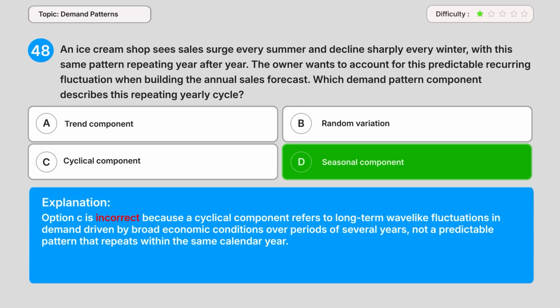Option C is incorrect because a cyclical component refers to long-term wave-like fluctuations in demand driven by broad economic conditions over periods of several years, not a predictable pattern that repeats within the same calendar year.